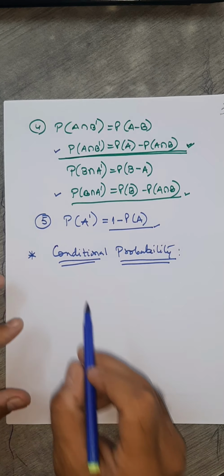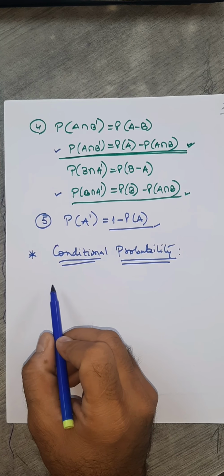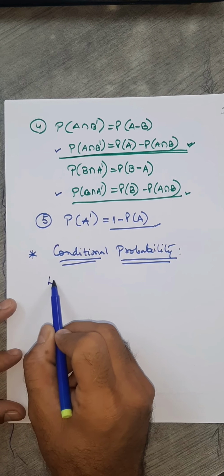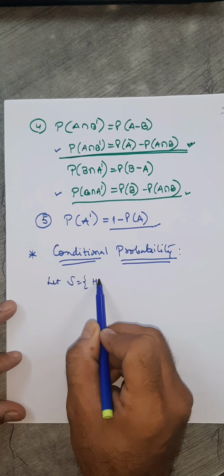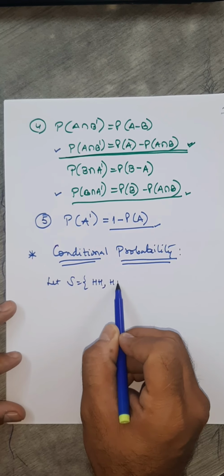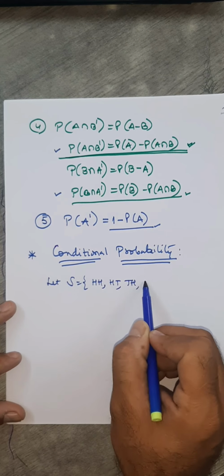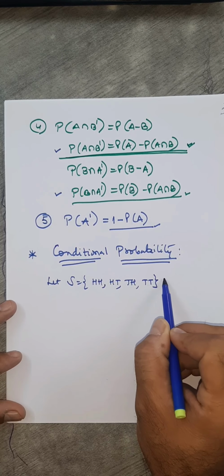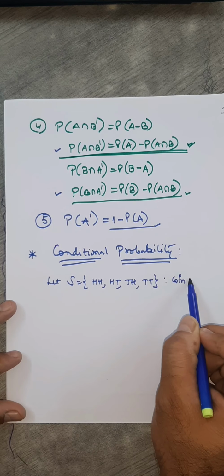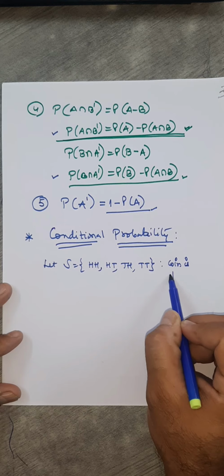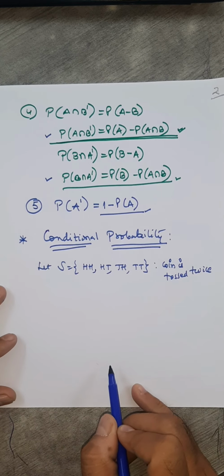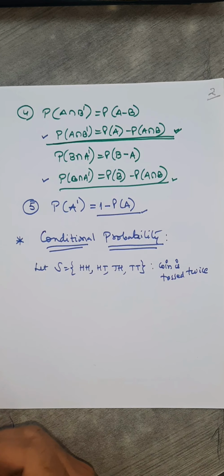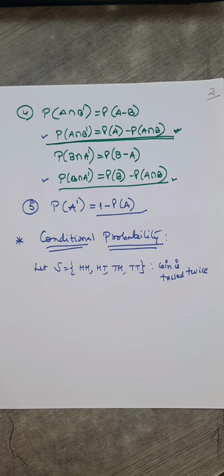So to discuss conditional probability, I'll take a simple example. Let's take S equals this sample space, the sample space of tossing a coin twice. These are the outcomes when a coin is tossed twice. Under this sample space, I'll take two events.